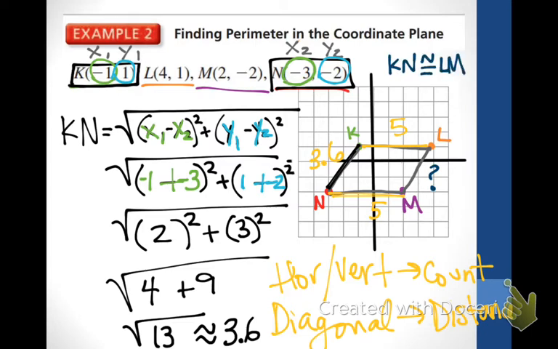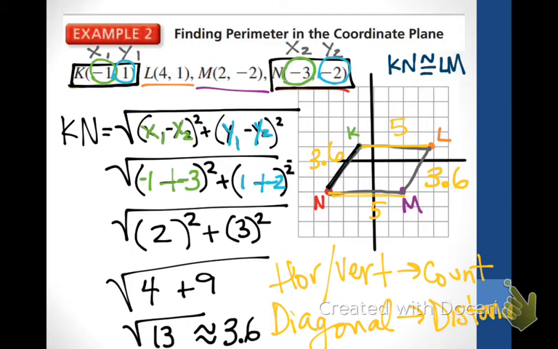If you're taking the test and you're not sure, you can always just plug this into the distance formula, L and M, and they will be equal. So knowing that, the length of LM is 3.6.